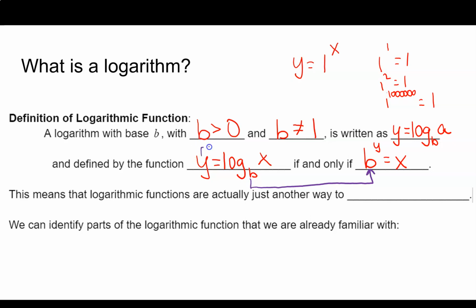What a log is equal to is always the exponent in the exponential form. And this x in the logarithm is an argument, and it's what an exponential equals. So that means that logarithmic functions are actually another way to undo exponentials. Logarithms undo exponentials.